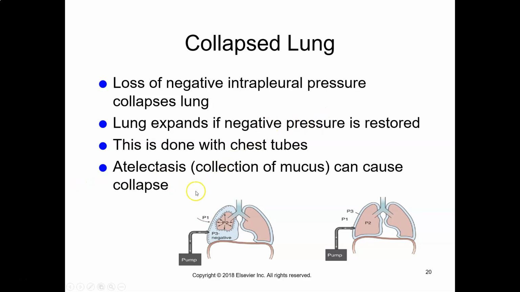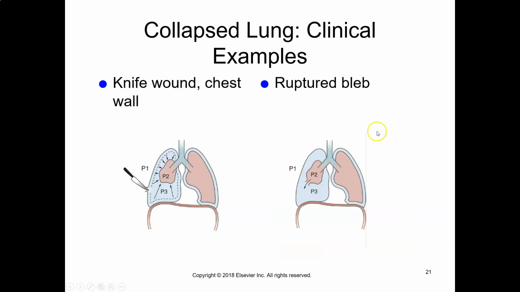And this is done with chest tubes. What I told you was called atelectasis, and that is caused when there's a collection of mucus in the lower part of the lungs, usually after surgery or whatever, and patients can come in and develop atelectasis. And you don't want that to happen. So, as I told you, you deep breathe, cough, deep breathe.